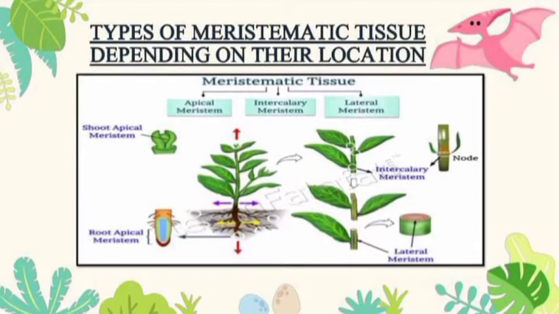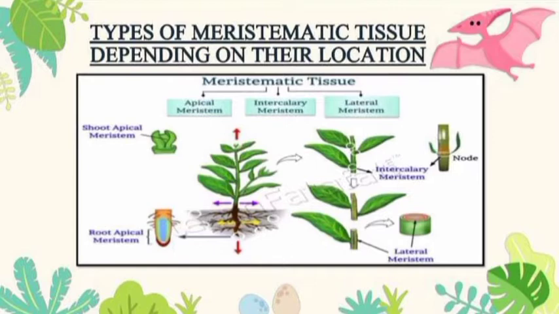Now in this figure, here is the meristematic tissue depending on their locations. You can see here the shoot apical meristem is present at the shoot tips and the root apical meristem is present in the root tips as shown in this figure. Now next is intercalary meristem. It is present in between the stem.